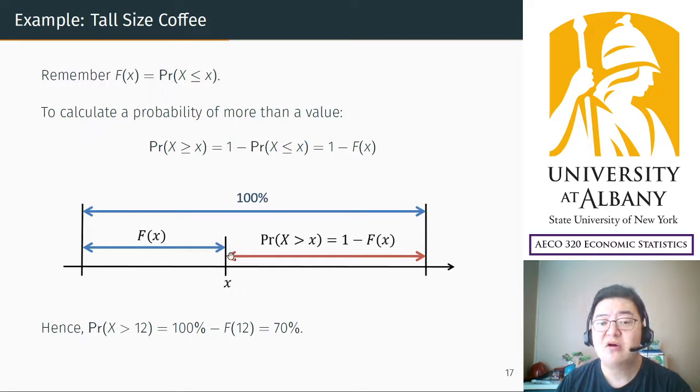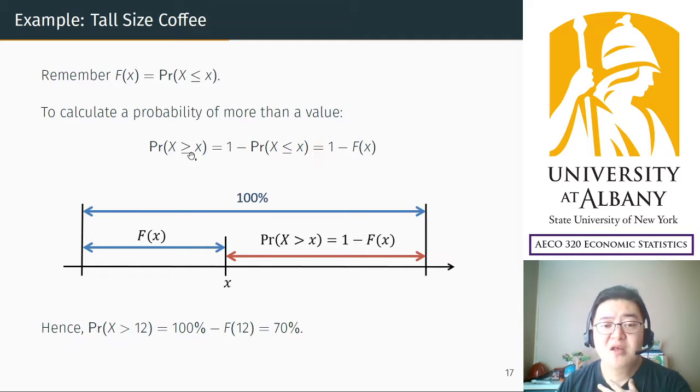If you understand the probability as a length, as we studied in the previous example, the length of this interval is the whole interval length minus the left side interval length. So probability-wise, you may write it this way. It's a complement rule. These two are complements.